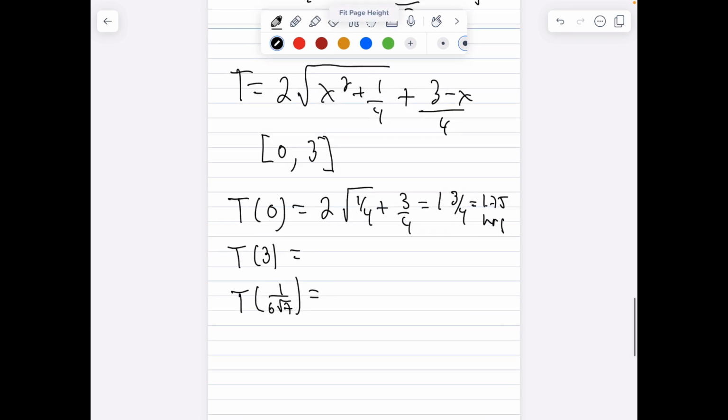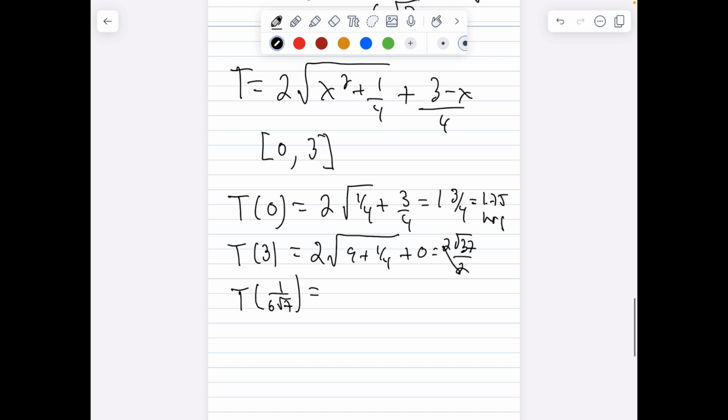If you plug 3 in, you get 2 times the square root of 9 plus 1/4, plus 3 minus 3 is 0, so you get 0 out of that. This becomes 2 times the square root of 37 over 2, essentially, if you do the calculations there. That cancels out, and you get the square root of 37 hours. So that's a little over 6 hours.